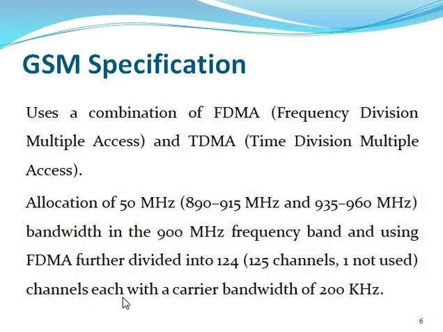Each channel has a carrier bandwidth of 200 kilohertz. So GSM specifies the use of a combination of FDMA and TDMA technology.